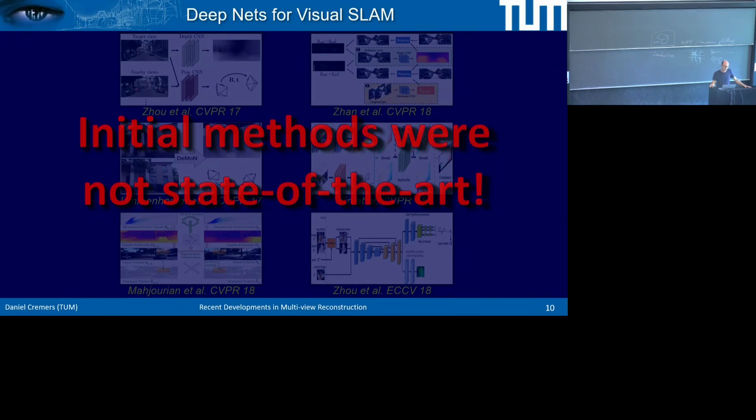Why that was is a little bit hard to say, but in a way, taking a set of images from a video and throwing them into some black box deep network and hoping that magically this will give you the trajectory and the 3D world is maybe too much to expect, right? Maybe it would take too much training data, right?